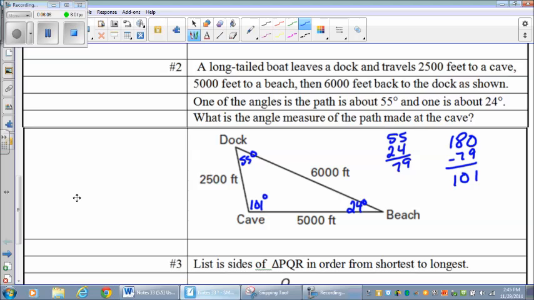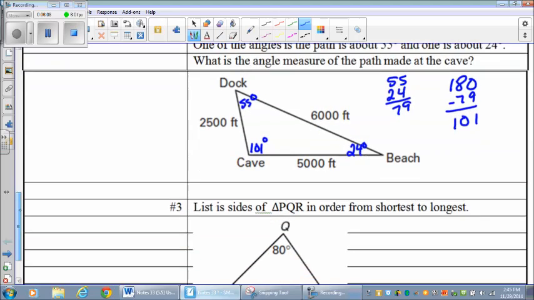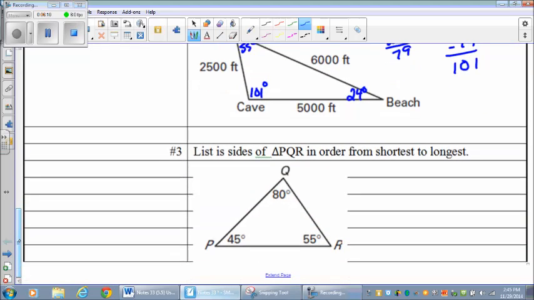All right, example number 3. This says list the sides of the triangle PQR in order from shortest to longest, so smallest. I'm looking at the sides. So if I'm looking for the shortest side, I'm looking for the smallest angle, which is 45. So the side directly across from it would be QR.